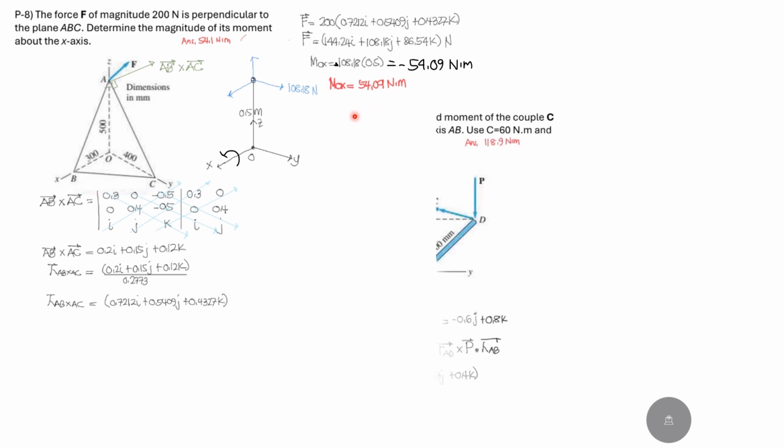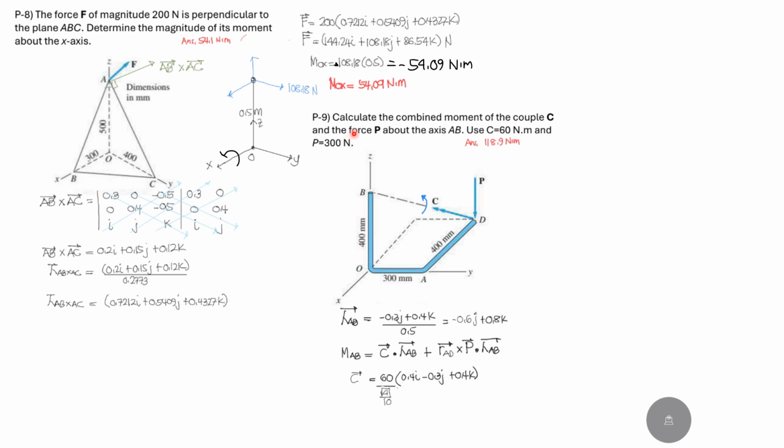Then for problem 9, calculate the combined moment of the couple C and the force P about the axis AB. Use magnitude of C 60 newton meter and P 300 newton. So the plan is we first write this couple into its vector form so that we can combine it with the moment of P about axis AB later.